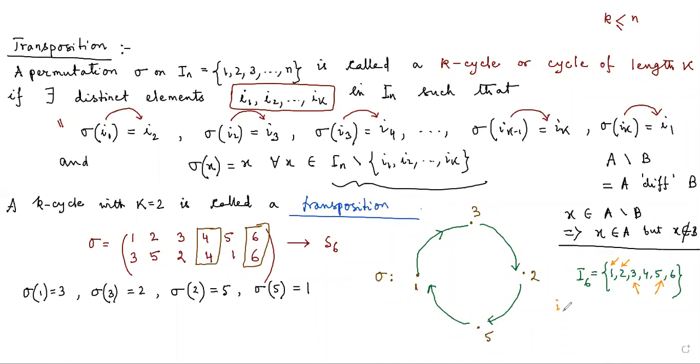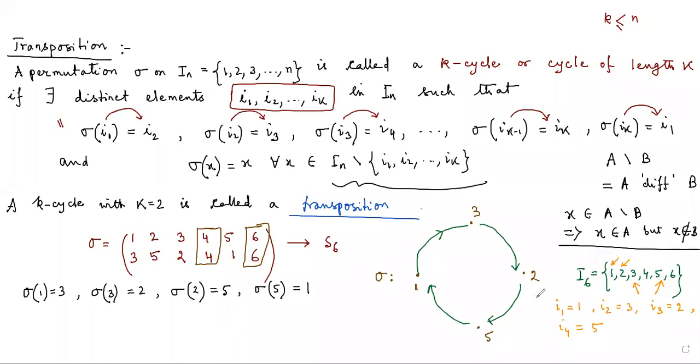So you can consider I1 to be 1, I2 to be 3, I3 to be 2 and I4 to be 5. I'm just correlating the expression given in the definition with the current example.